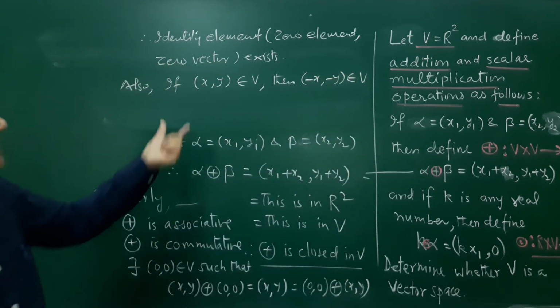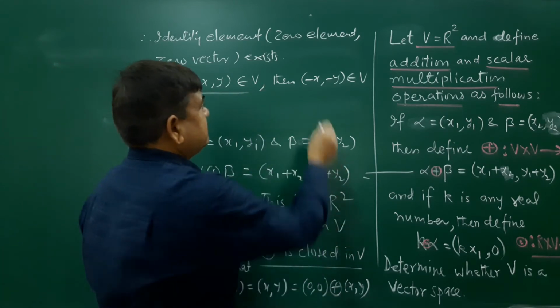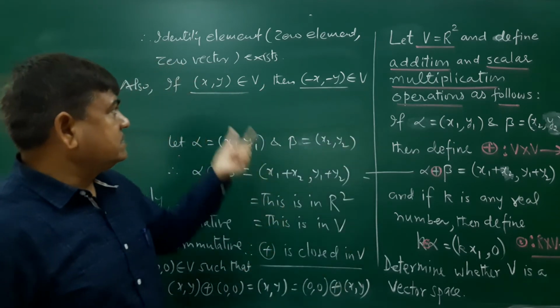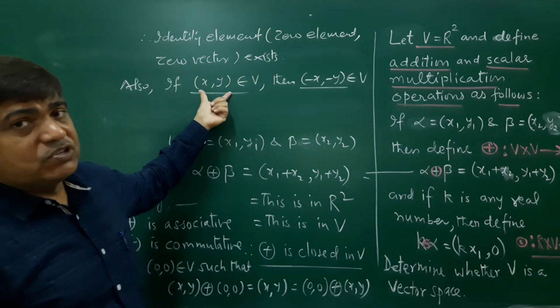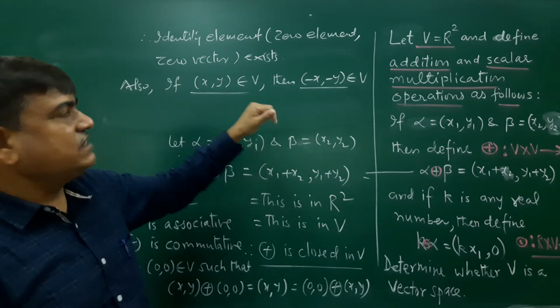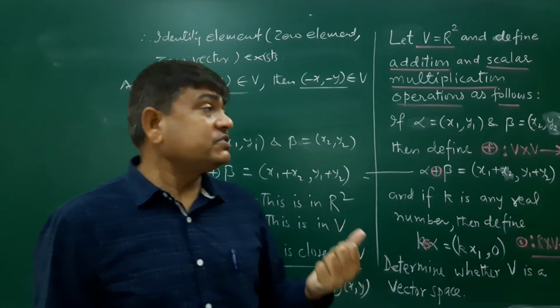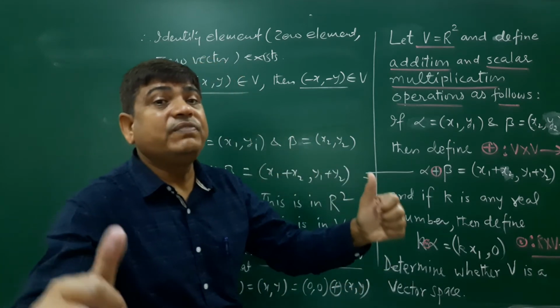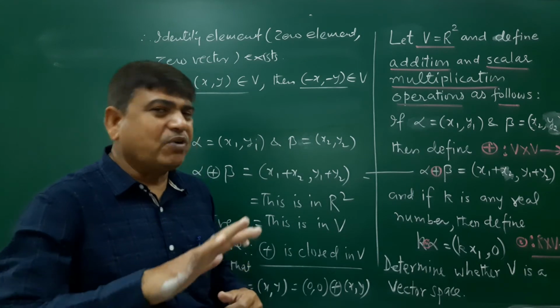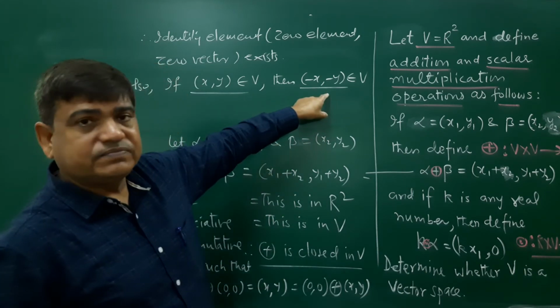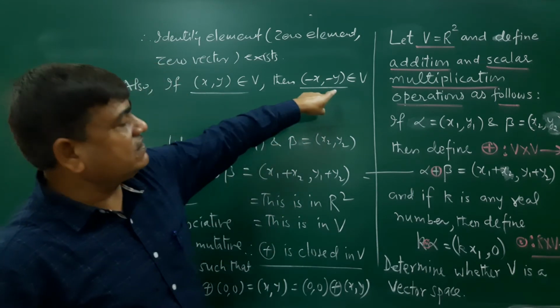Why? Yesterday it was explained. This is the ordered pair because this is a member of R square and V is equal to R square. What is our set of real numbers? So these are real numbers and R is the field. So every point in 2D, we can write this one. So if this, then this one.